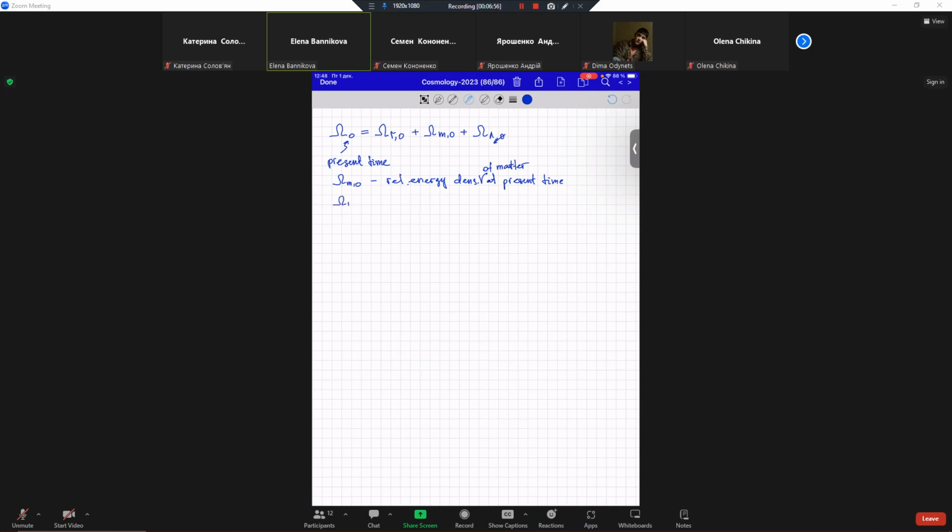This omega m0 consists of two components. The first component usually uses the index like this, so I will put index B, which means baryonic matter for the present time, plus omega CDM at the present time.